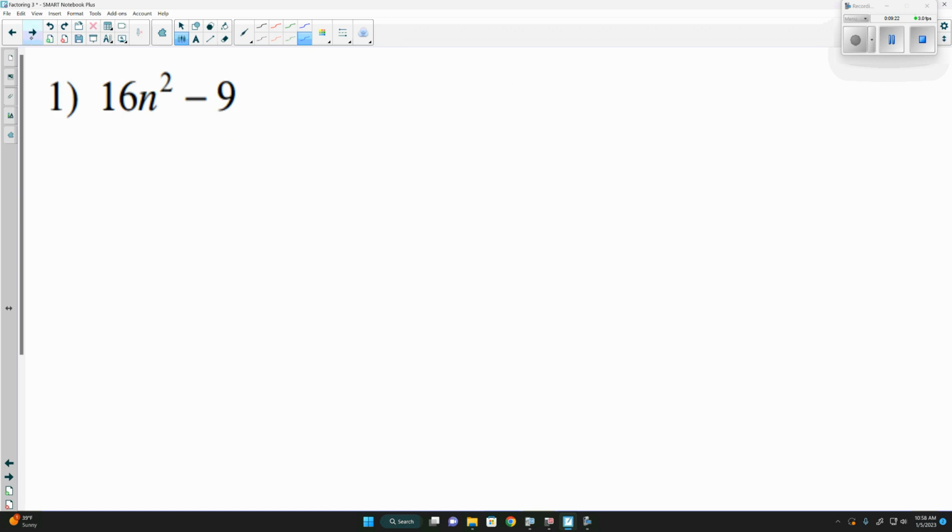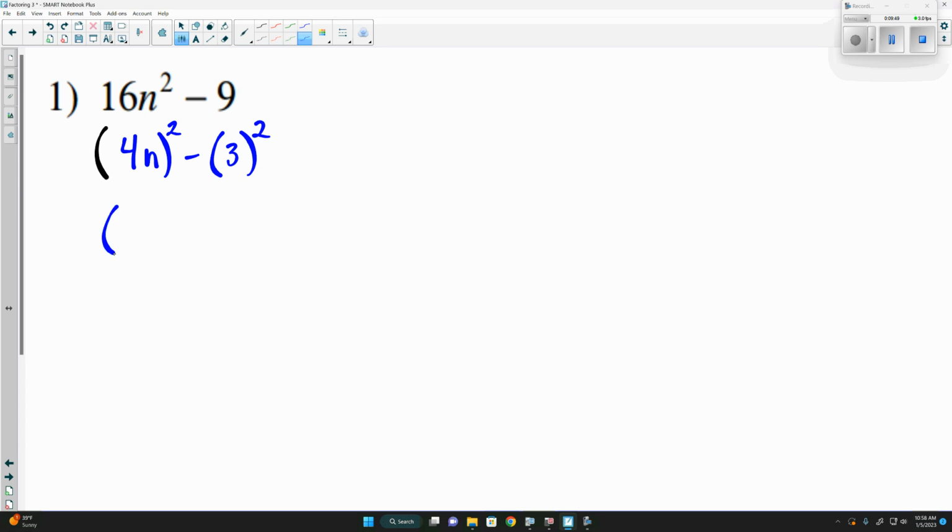So if we look at the next one, 16n squared minus 9. Is 16n squared a perfect square? What times itself is 16? 4. And then we'd have n squared. 9 is 3 squared. You don't have to write this out every time, especially if you know what a and b are going to be.